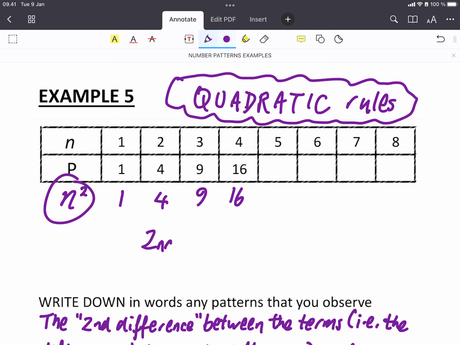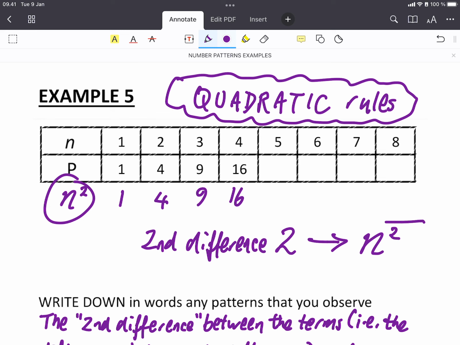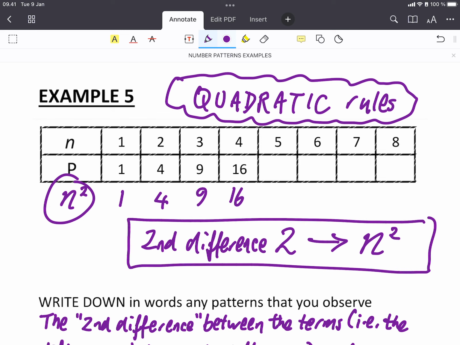So having the second difference being 2 gave you a rule of n squared, and you can take it as a general rule that whatever the second difference is, if you halve that second difference, so half of 2 is 1, then that's the amount of n squared that's going to be in the final rule.